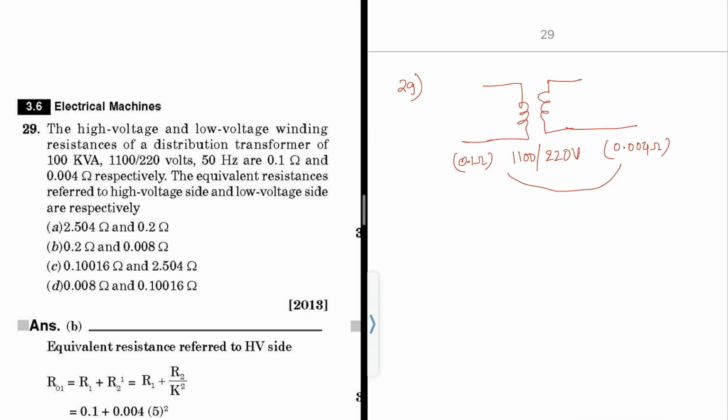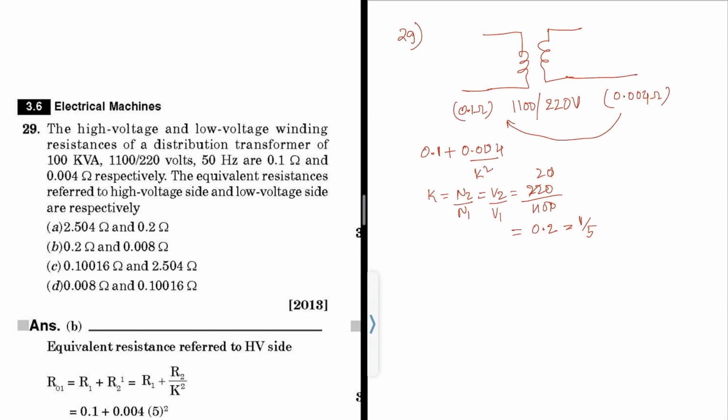Okay. So if this is referred to here, it will be 0.1 plus 0.004 by k square. So k equals N2 by N1, which is equal to V2 by V1, which is equal to 220 by 1100. So k will be 0.2, which is equal to 1 by 5, right?